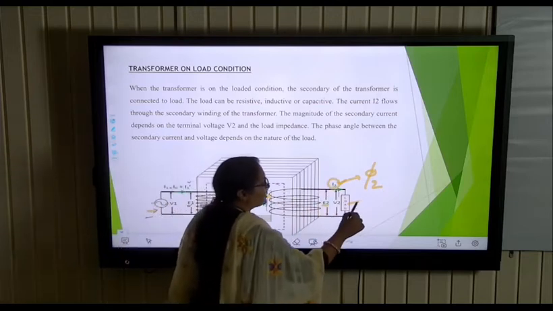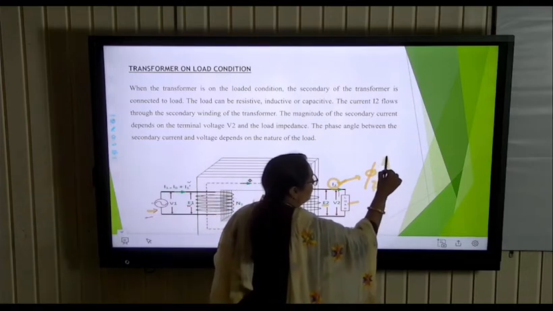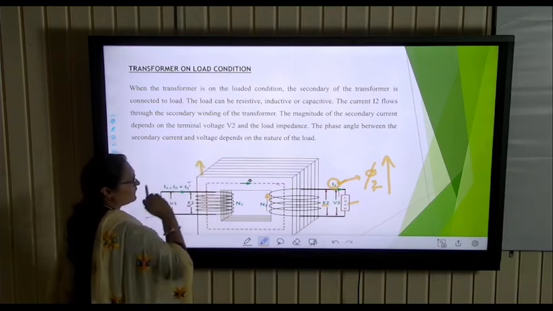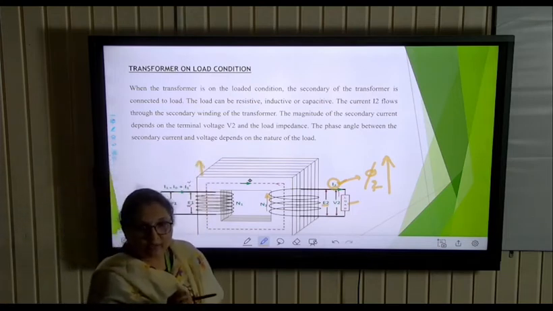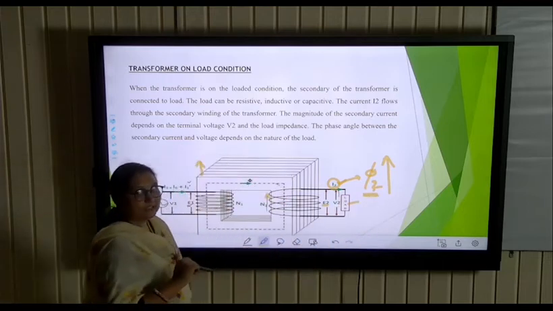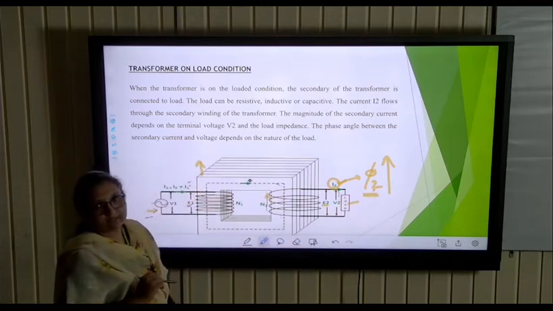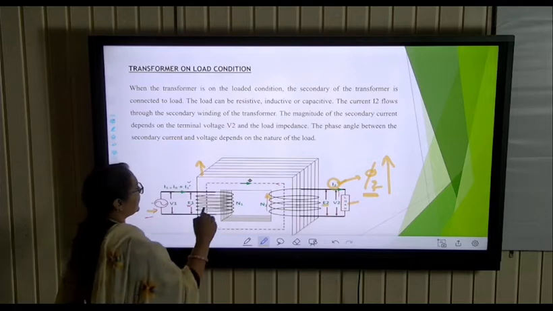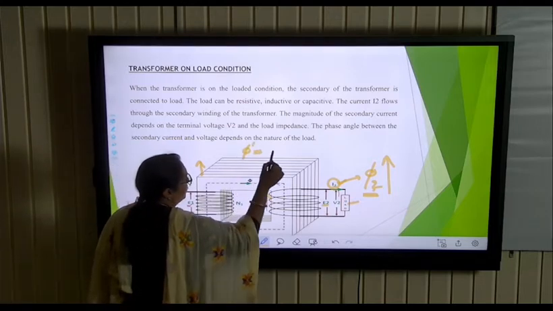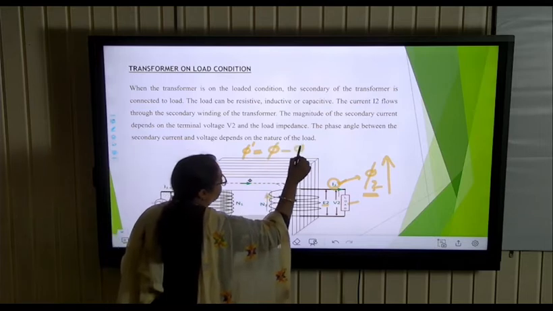The nature of this phi2 is opposite to the flux phi. So this phi2 flux is going to oppose the flux phi, and I can say the resultant flux in this core will be phi minus phi2.